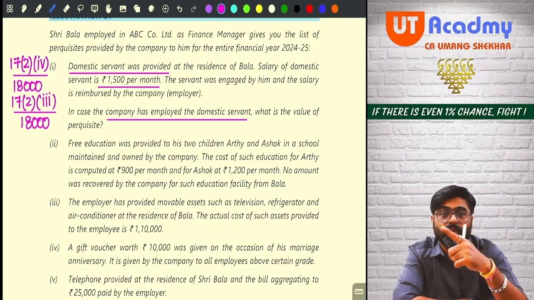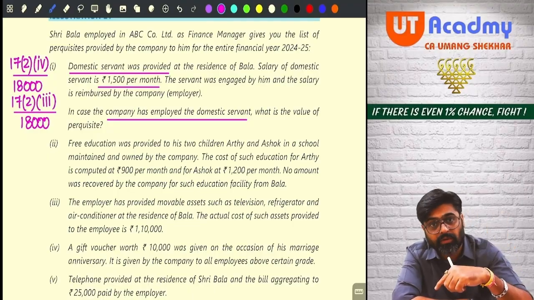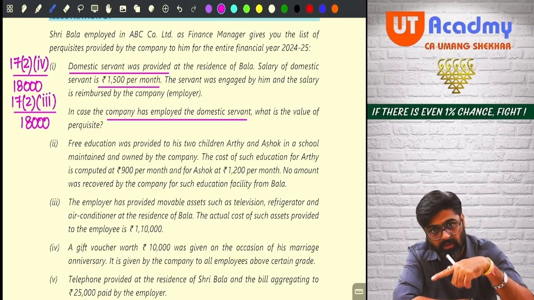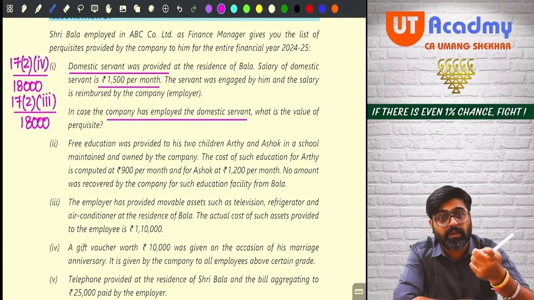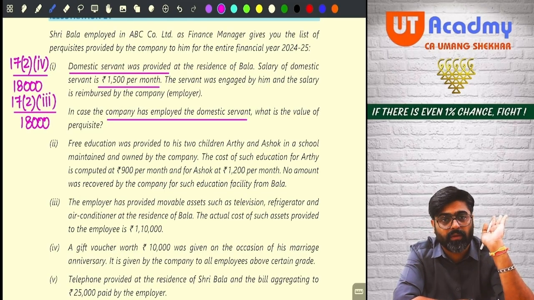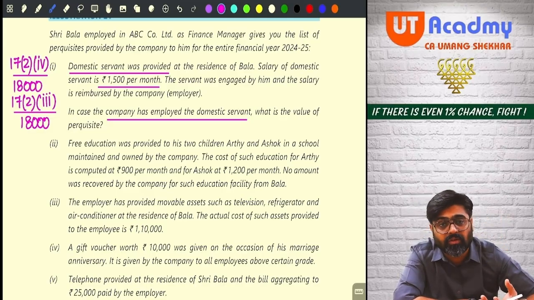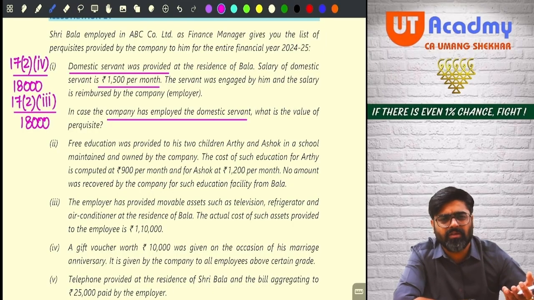Whether you are a specified employee or a non-specified employee, that 18,000 is taxable for you. Clause 3 will come, and 18,000 is taxable as per clause 3, but this will be taxable only if you are a specified employee. Getting my point? Is the question mentioning whether Bala is a specified employee or a non-specified employee? Mentioned anywhere? So we will consider as if he is a specified employee only.